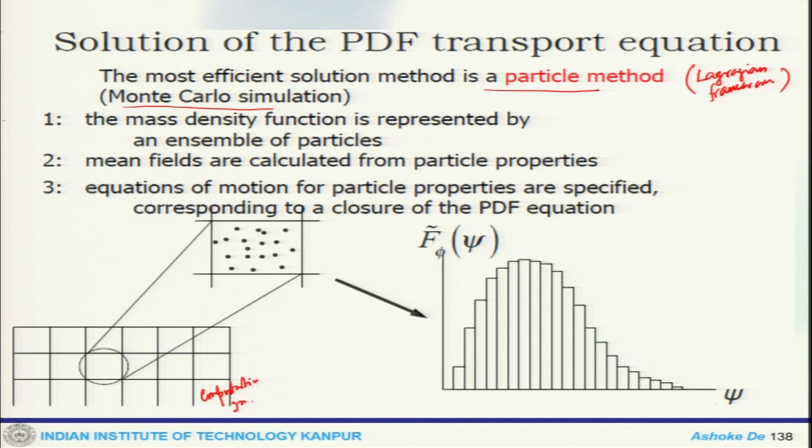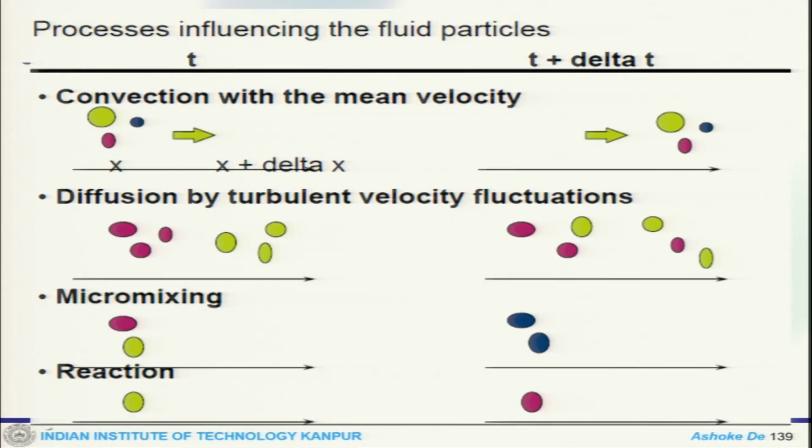Now, the processes which influence the fluid particles: there would be convection due to the mean velocity. So let us say the particles are at this position; at the next time step, because of the convection effect of the mean velocity, the particles reach here.